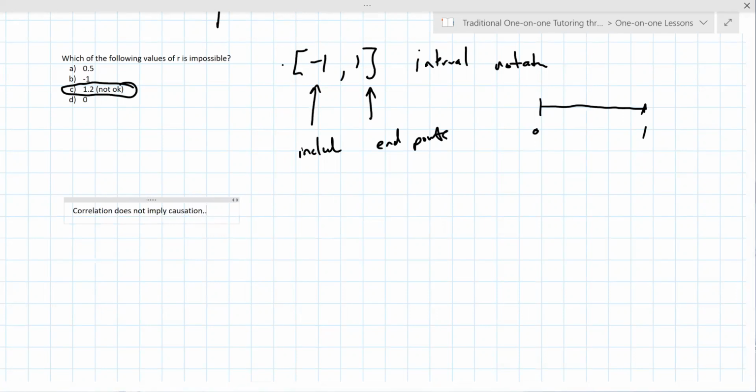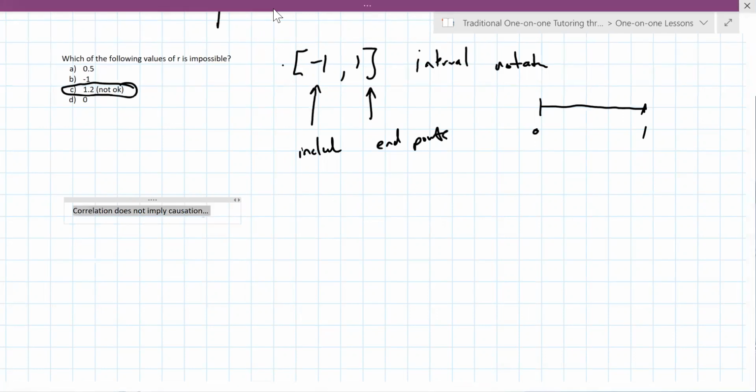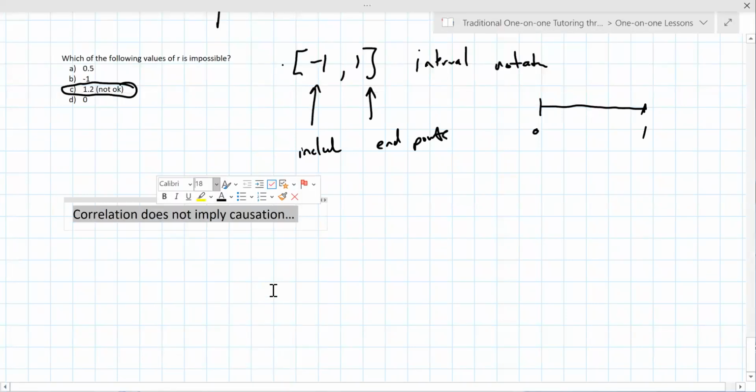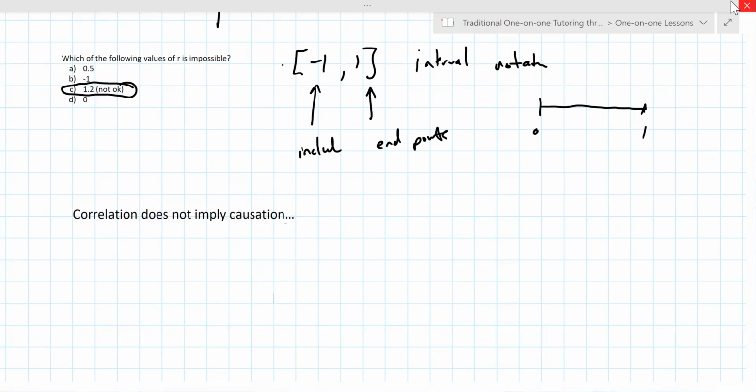What that means is you can correlate two things that don't seem to be related, like the number of PhD students at ASU and the number of cow births last year. They're not related at all, but you can get a correlation. So it doesn't mean that one causes the other. So keep that in mind. All right, that's all there is to say about that.